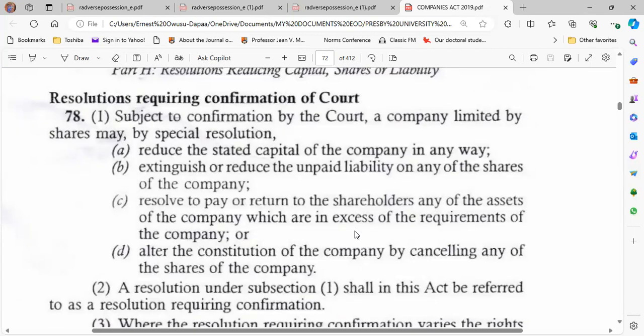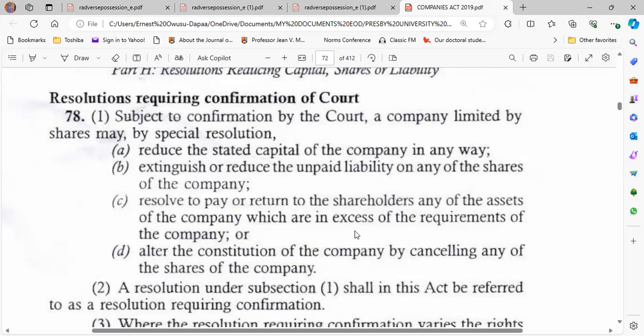So 58(1)(a) prohibited the company from changing the amount of money which remains unpaid in respect of its shares. Now, section 78(1)(b) is telling us that it is possible for the company to pass a special resolution and reduce or even extinguish, that is, remove, the unpaid liability on any of the shares of the company. So let's keep that in mind.